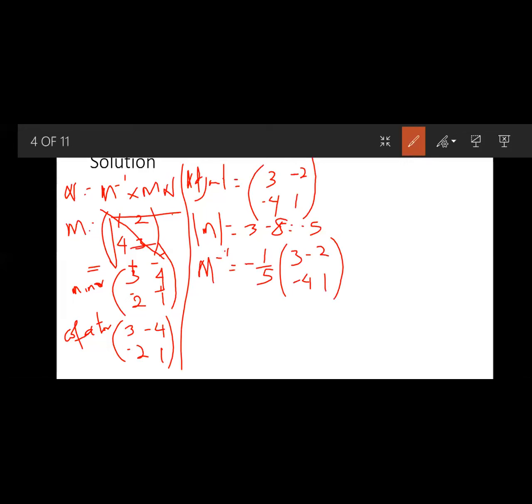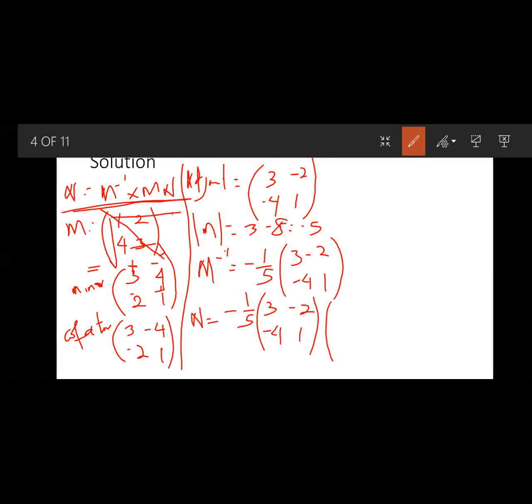So now to get the value of our N from this formula, N will be equal to the inverse of M, that's minus 1 over 5 multiplied by [3, -2; -4, 1], multiplied by what? Mn.